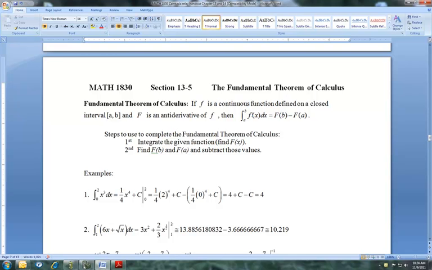Once I found the antiderivative and I substitute these values individually into it and take the upper limit minus the lower limit in my antiderivative, I find the area.